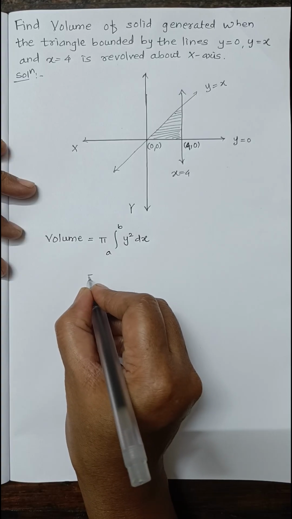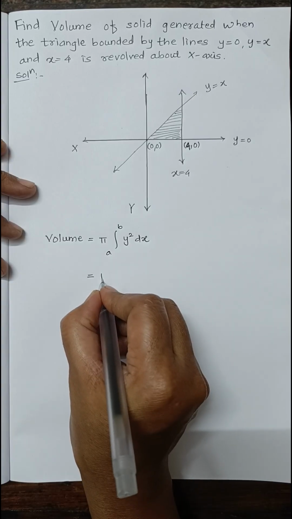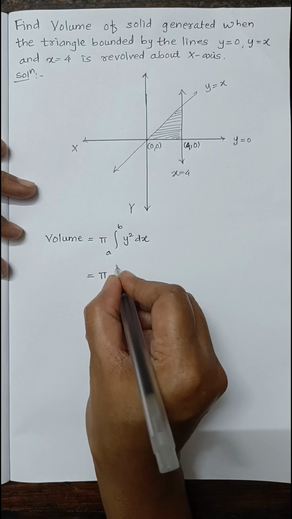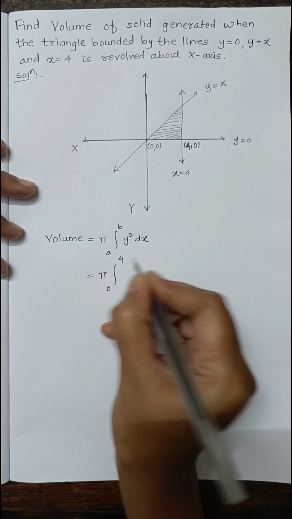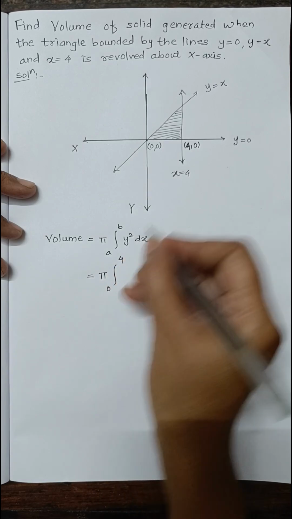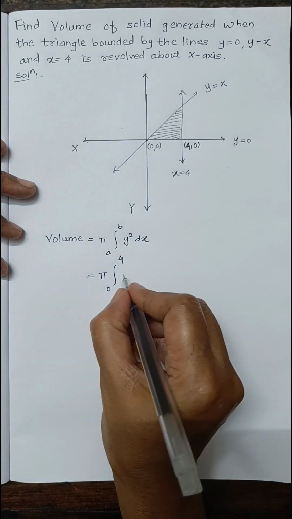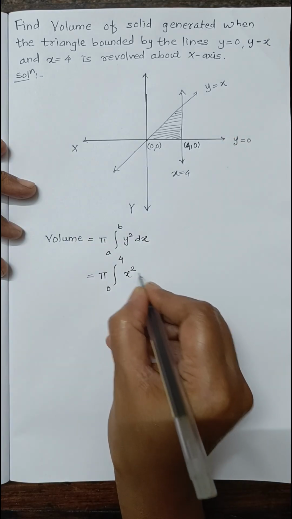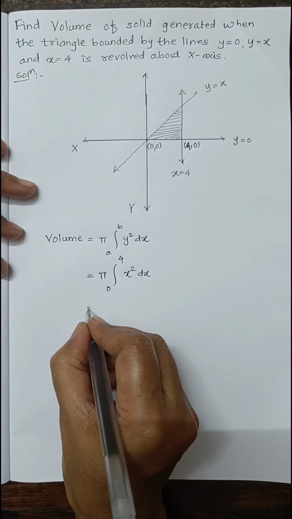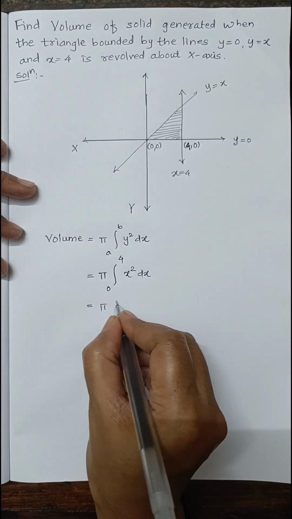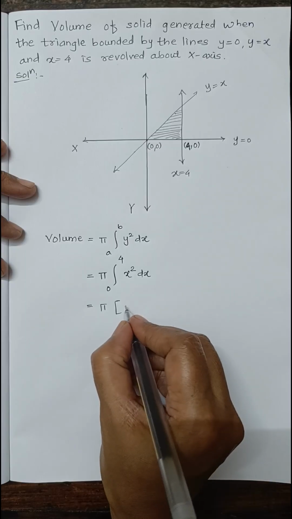Therefore the required volume is equal to pi integral 0 to 4 y square, y is x, therefore x square dx, is equal to pi. Now we integrate this x square.